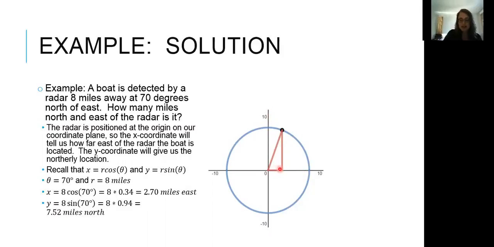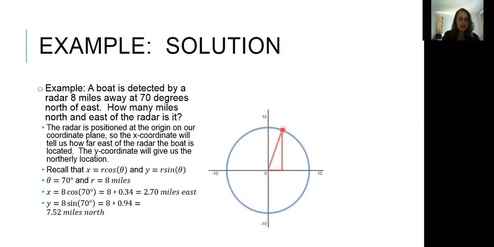I draw a line that is inclined at 70 degrees, and this point right out here is where the boat is. How do I find that? Well, I take out my calculator because I know that the x-coordinate of that point is equal to the radius times the cosine of my angle of inclination, and the y-coordinate of that point is equal to the radius times the sine of that angle of inclination.